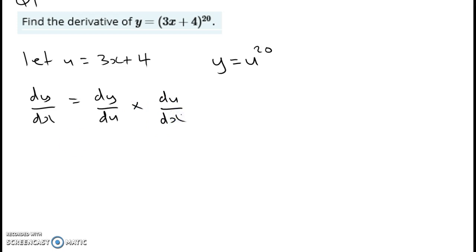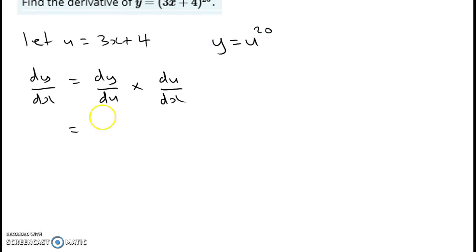So this first component here, dy/du, we need to differentiate with respect to u. So y equals u to the 20, differentiate that with respect to u, we'll get 20 u to the power of 19 times du/dx. We differentiate this with respect to x, that'll just give us 3.